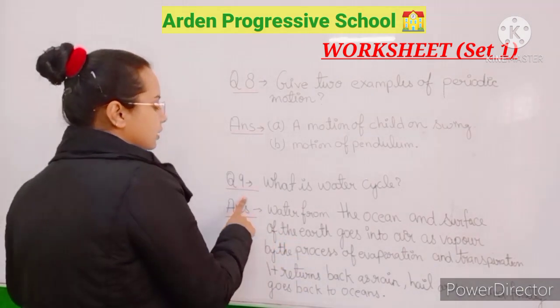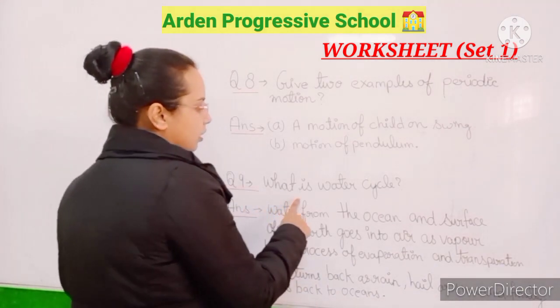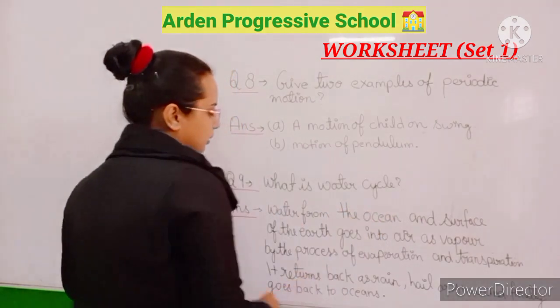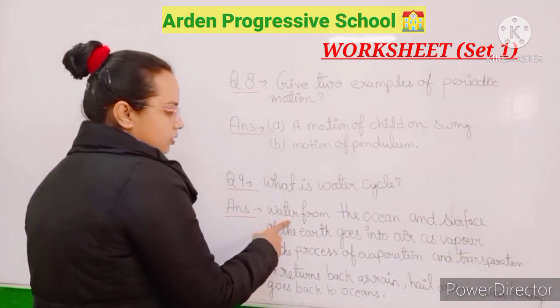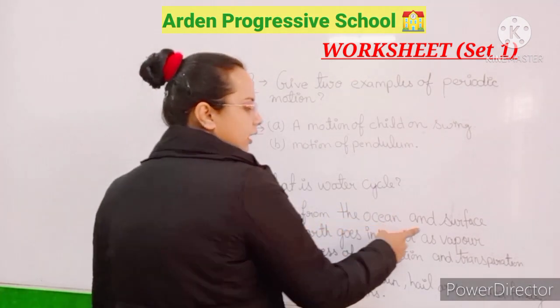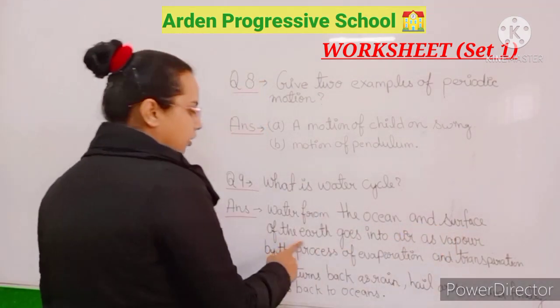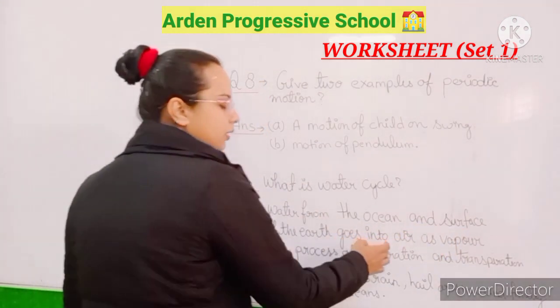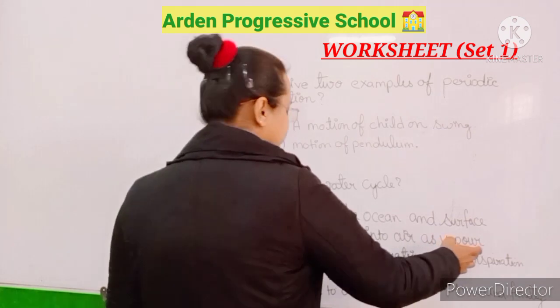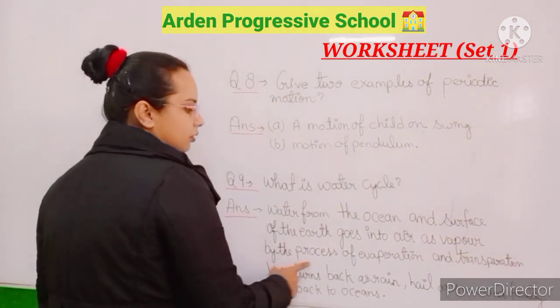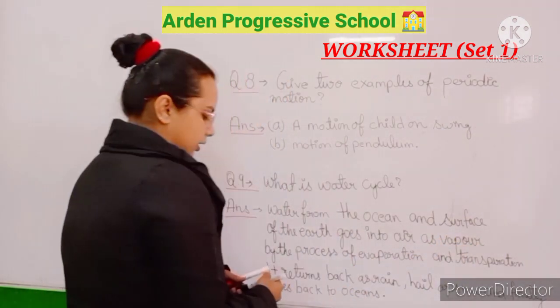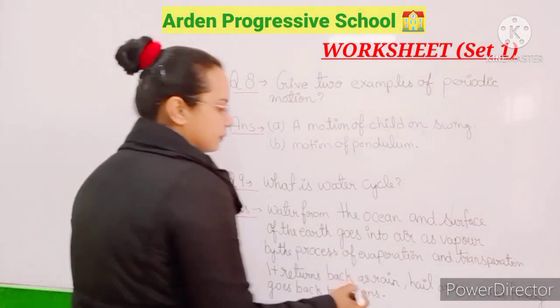Now the next question is question number 9. What is the water cycle? Water from the ocean and the surface of the earth goes into the air as vapor by the process of evaporation and transpiration.